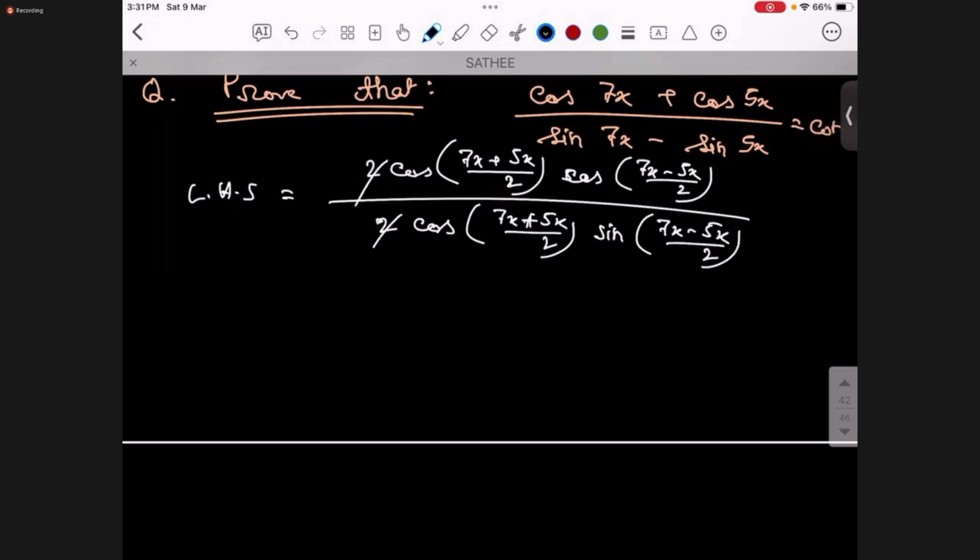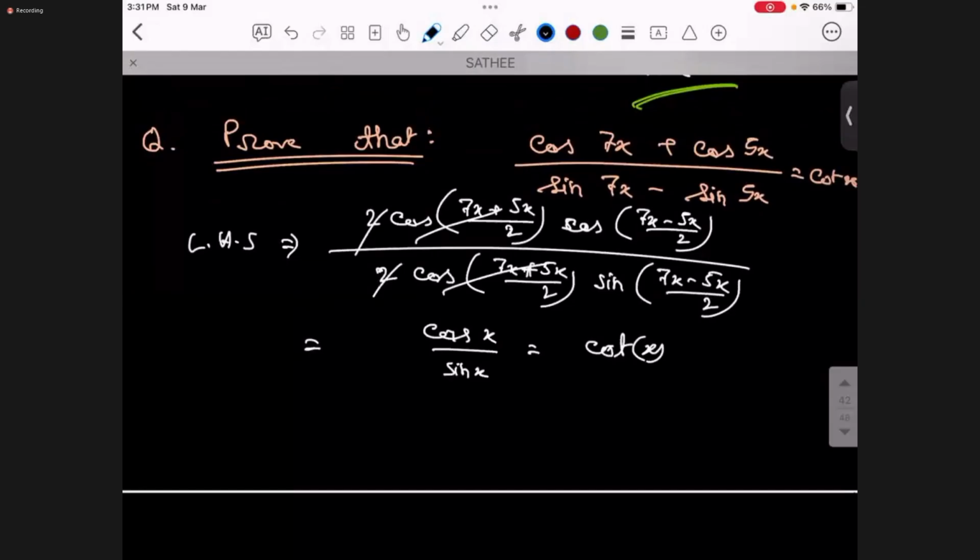So 2 will go. This will also go. What will we get? Cos x by sin x, which is nothing but cot x. Okay. So just using the formula, we have obtained this thing.